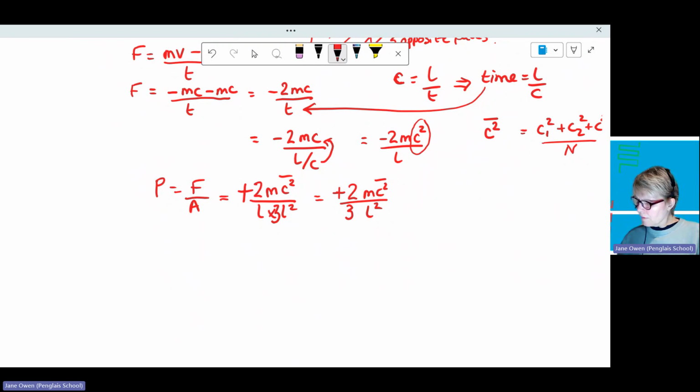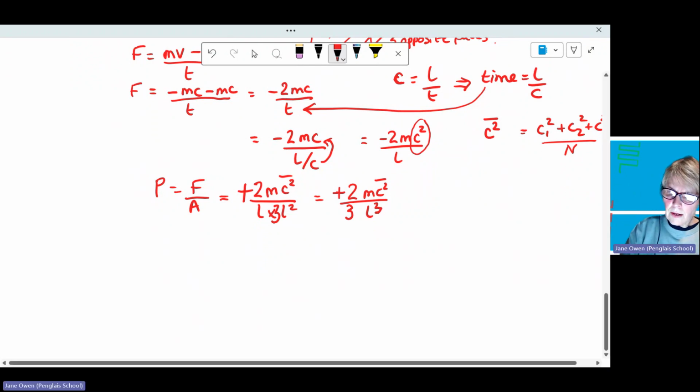So what have we got? Force is 2mc squared over 3L cubed, and L cubed is equal to volume. So that's 2 over 3 mean square speed over volume.